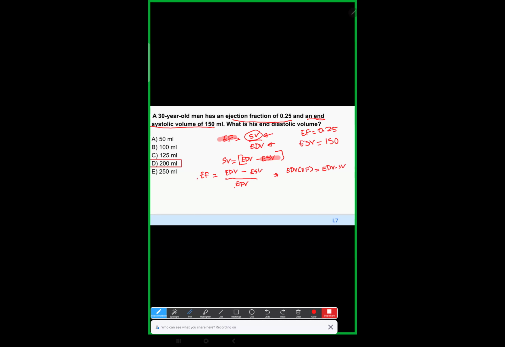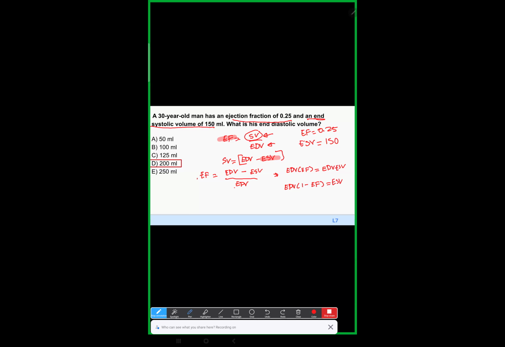We can do some more simplifications, but essentially what we get is EDV times 1 minus the ejection fraction is equal to ESV.